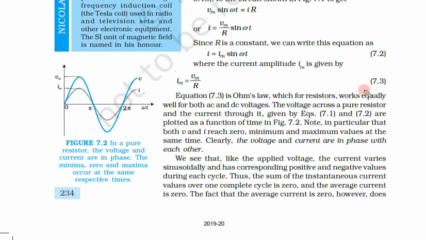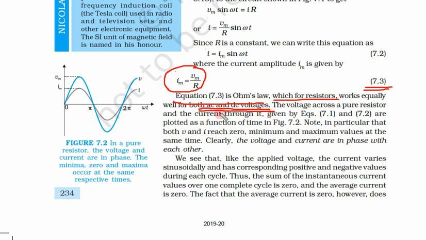So the equation we have seen is Ohm's law for resistors. One important thing about resistors is that Ohm's law works equally well for both AC and DC voltages.